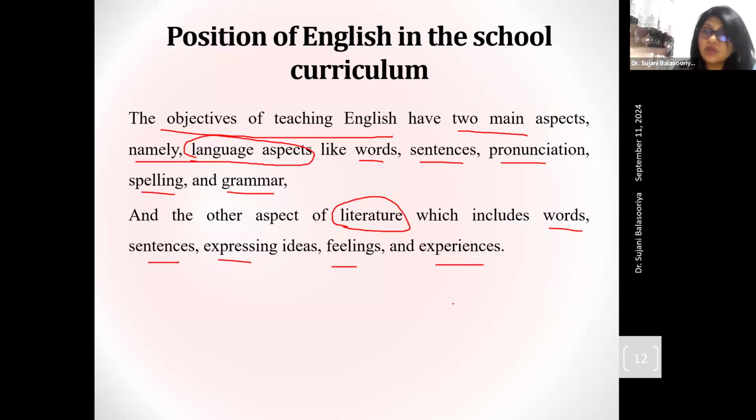That is related to the language aspect. And at the same time, the teacher is teaching how to use the English language to get certain linguistic functions done, like sharing feelings, sharing experiences, expressing likes and dislikes, expressing opinions, and so on. So that is related to literature.